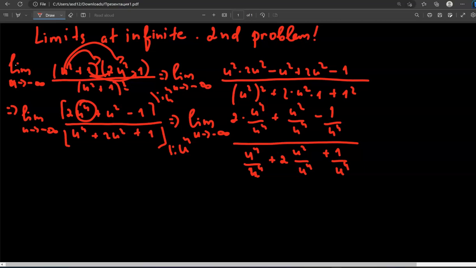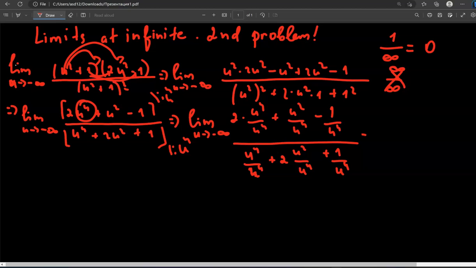Why did I divide the numerator and denominator by u to the power of 4? Because we know that 1 divided by infinity, or any number divided by infinity, is equal to 0. My task is to eliminate the indeterminate form, so I should cancel it out. That's why I divided the numerator and denominator by u to the power of 4.